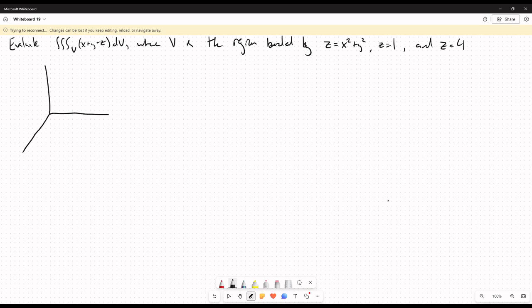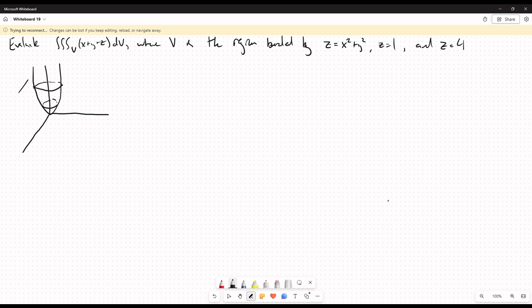We've already sketched one paraboloid. We're getting to be old pros at this. It's going to look kind of like that. Then we're going to have a plane at 1 and a plane at 4.